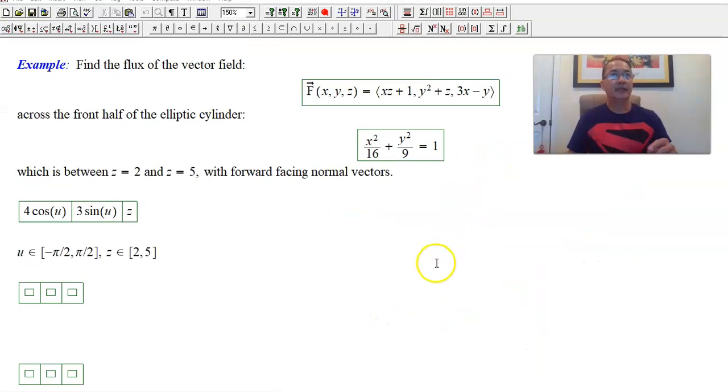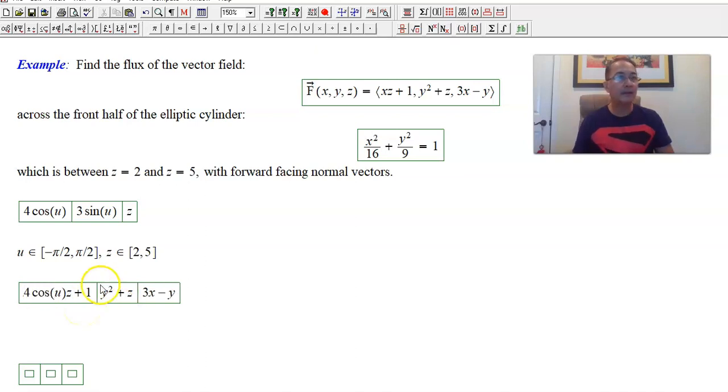All right, so our next step is to plug in this parametrization into the function. So let us copy the function into a blank vector. Everywhere that you see x, you plug this in.